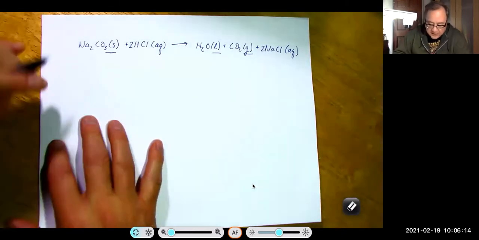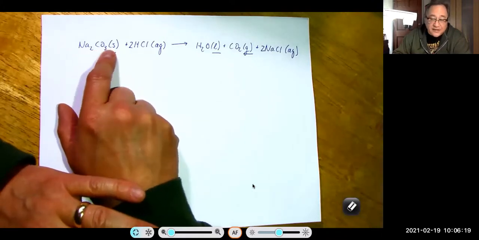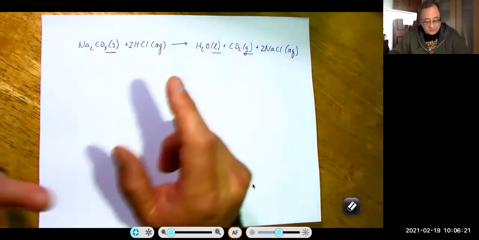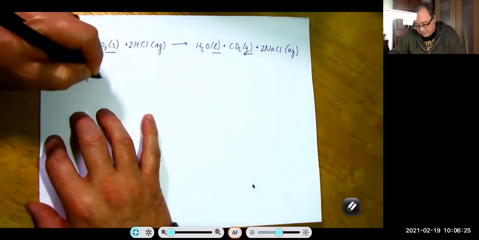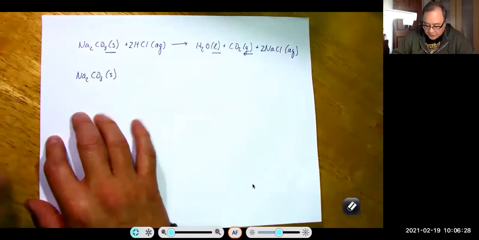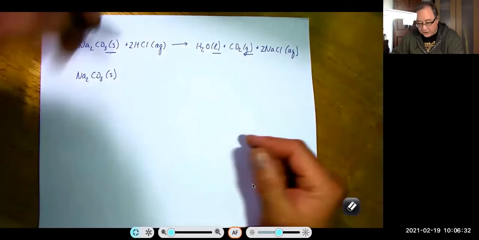So here, this sodium carbonate, while it is water soluble, we started off with this S, so it was not dissolved. So I'm going to say this one more time. Anything that is not aqueous, you bring right down into your net.